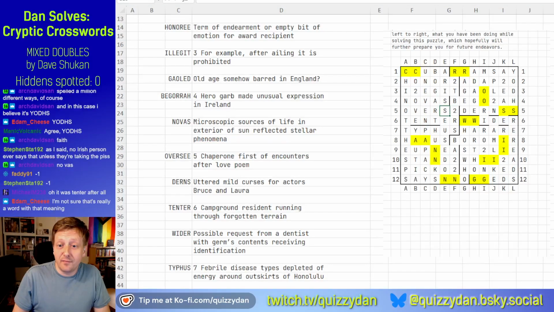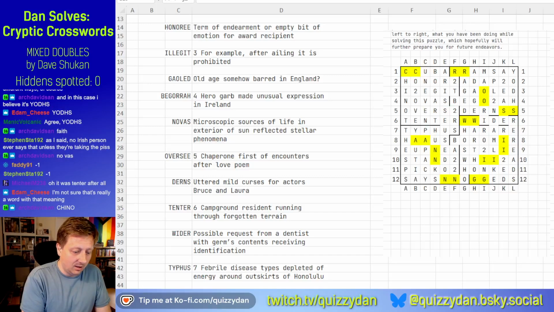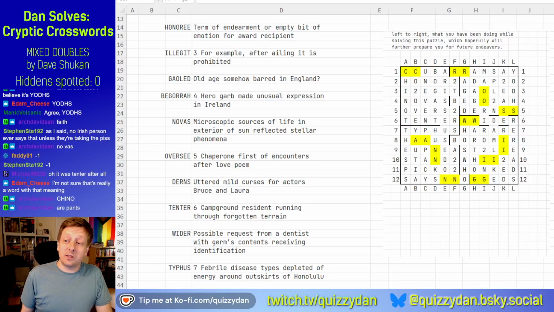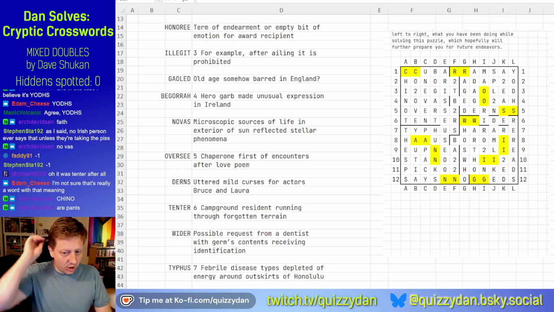I know. Is Chino a thing? I'm just looking up tenter, to be honest. Chambers. A tenter is also a tenterhook and a frame for stretching cloth. But there we go.